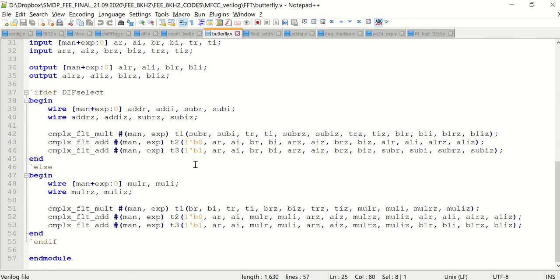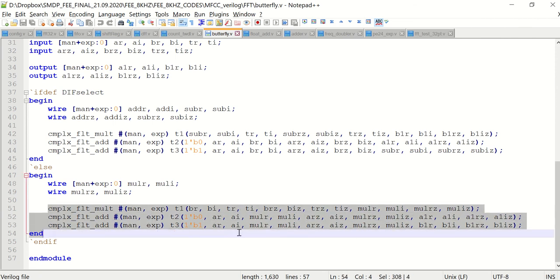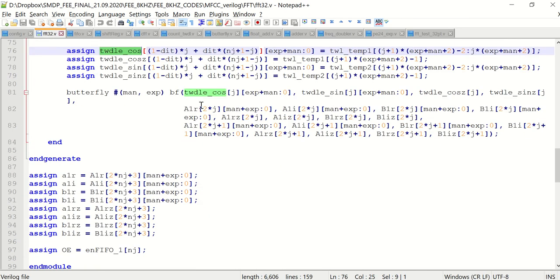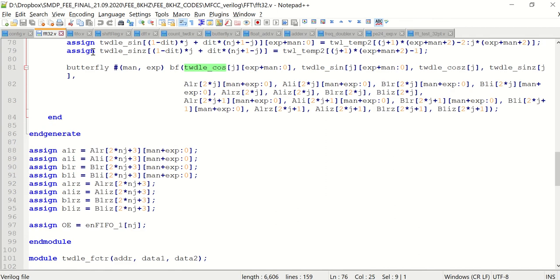But in decimation in frequency, instead of multiplying with the twiddle factor at the input, the inputs are added or subtracted, and then that is taken and multiplied. So this is the basic difference. Here this is the implementation of a decimation in time butterfly.